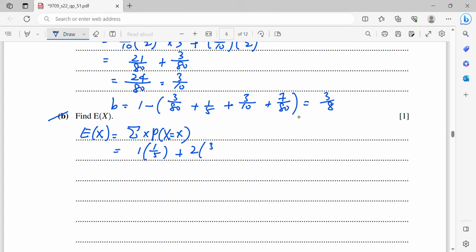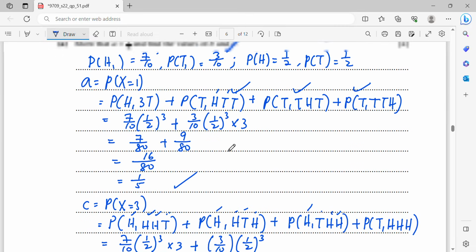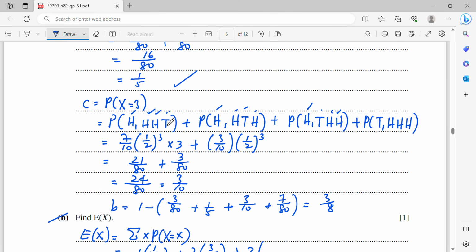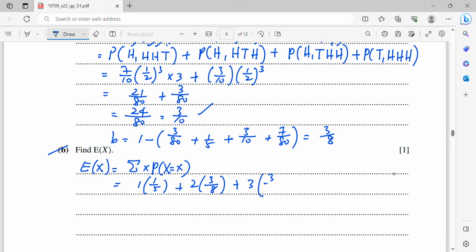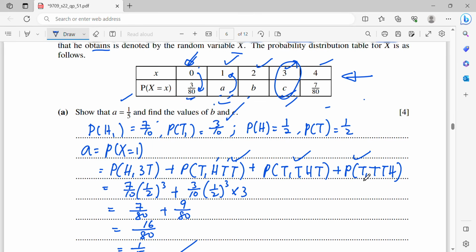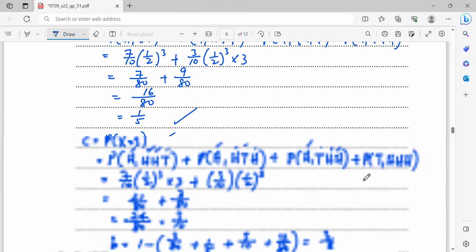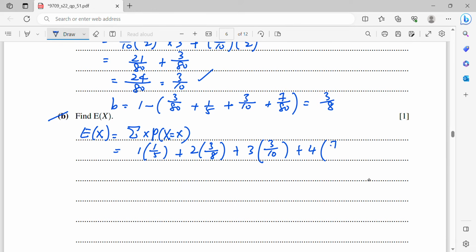So it means 2 times 3 over 8 plus 3 times C, because the C is when X equals 3. So it is 3 over 10. Plus 4 times the probability, so 7 over 80. So we count all this, it will be 11 over 5. Or you may just write 2.2. So that's the expected value.